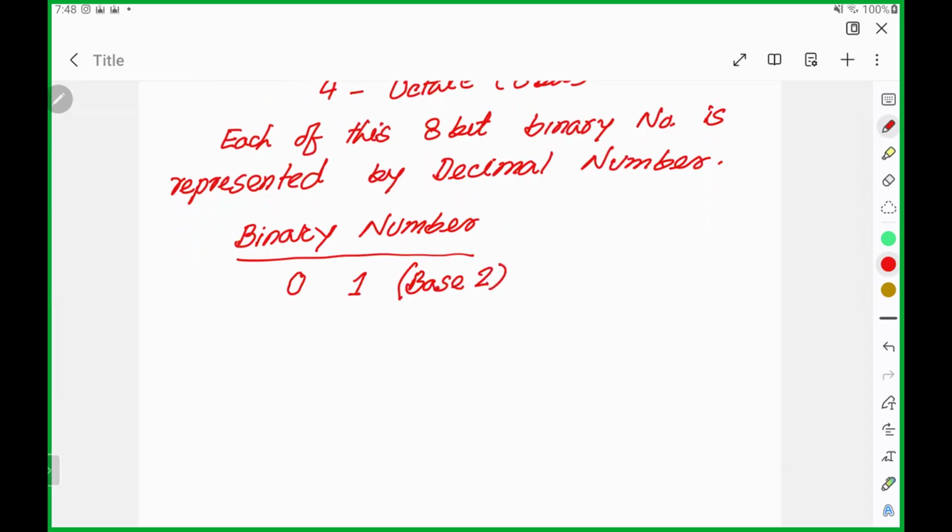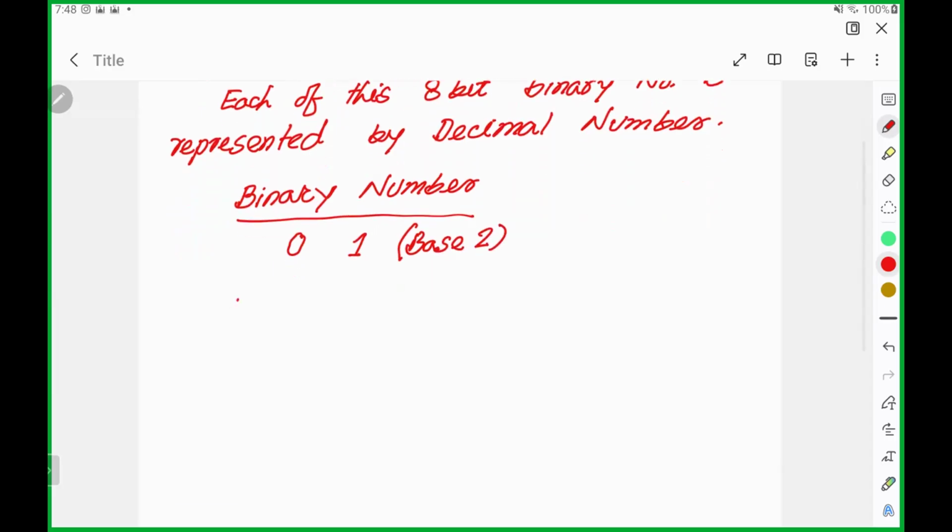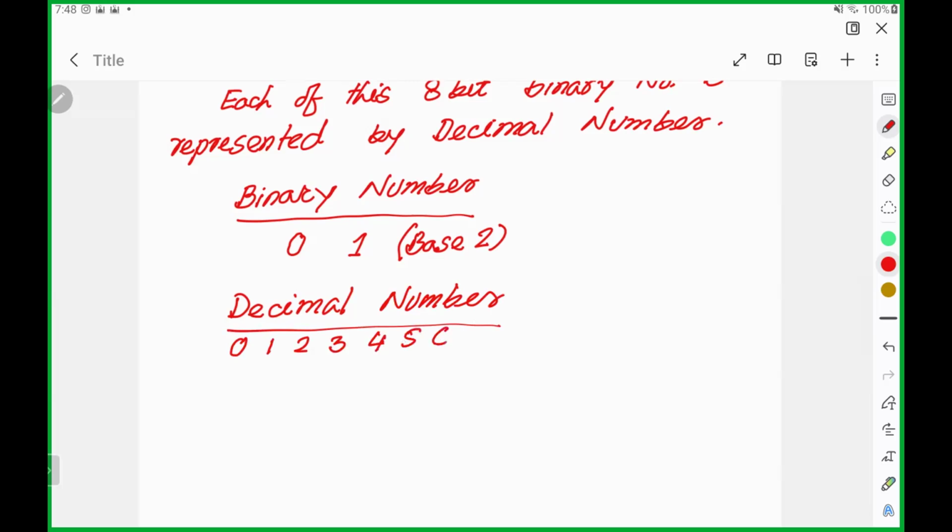On the other hand, in decimal we use 10 numbers, starting from 0, 1, 2, 3, 4, 5, 6, 7, 8, 9.